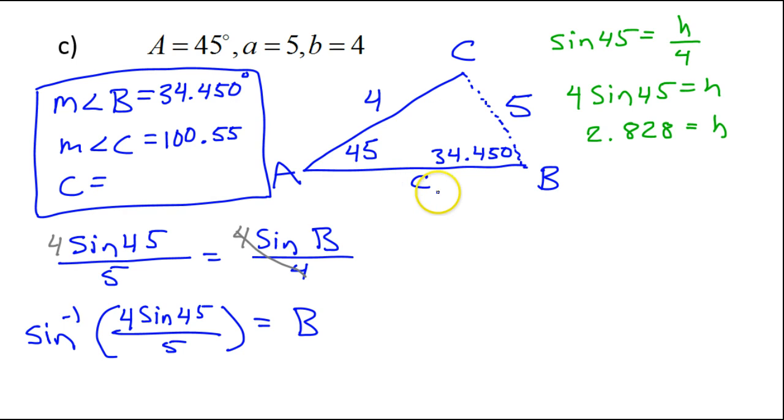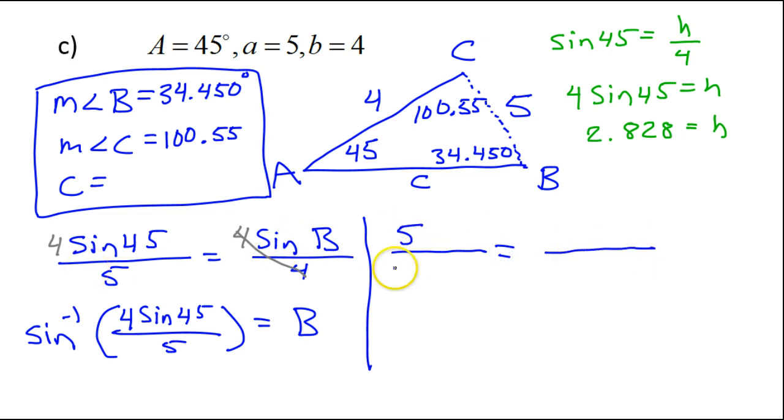So to find side C, I'm going to do the law of sines. Since I'm looking for a side, I'm going to put sides in the top. So I'm going to say 5 over sine 45 is equal to side C over the sine of 100.55.